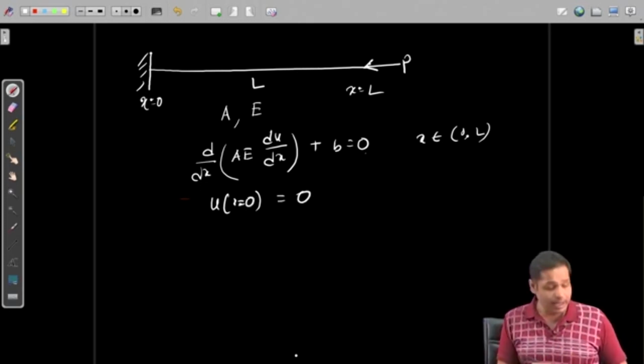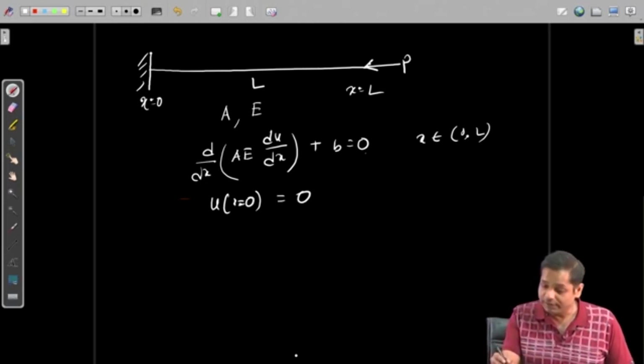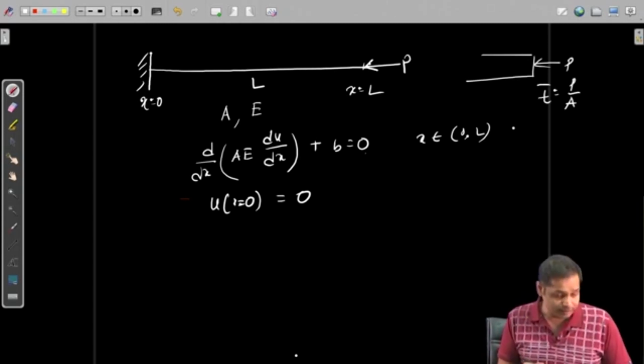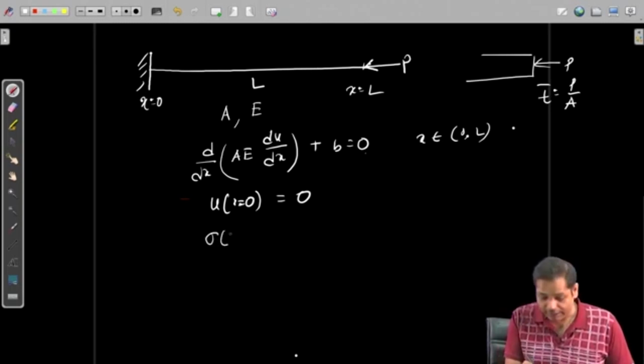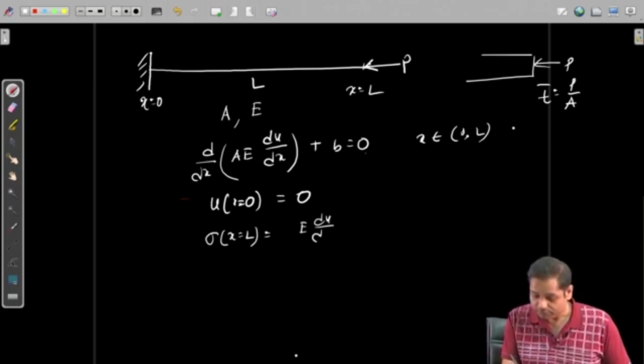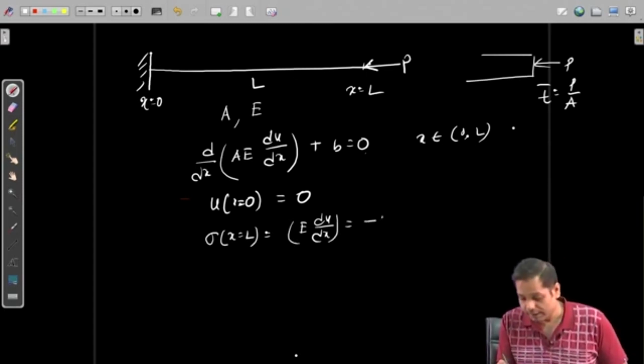Another constraint: you see here the load is P, and if the cross section area is A, then the traction T bar will be P by A. So the other boundary condition is that sigma at x equal to L, which is essentially E into du/dx, will be equal to T bar.